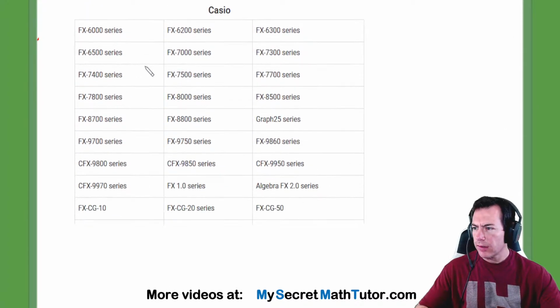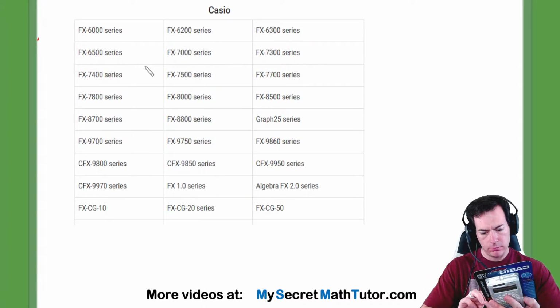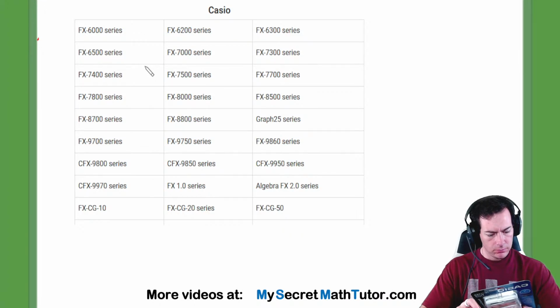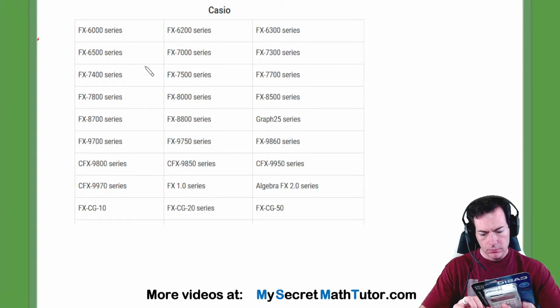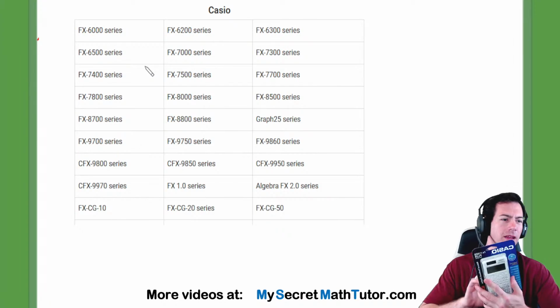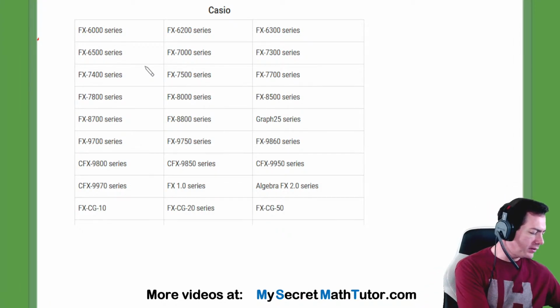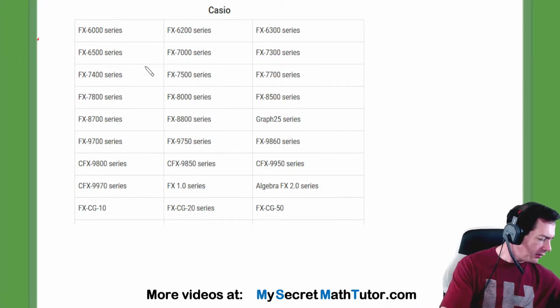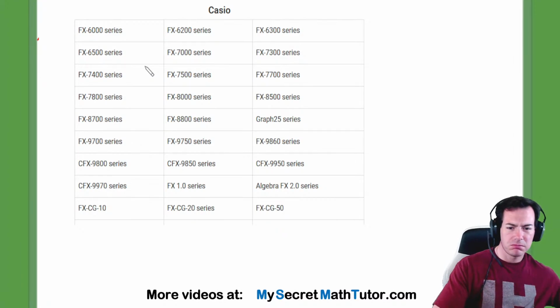Is it even on this list? I don't know if it's on this list. Most of the time it'll just say, yeah, this one is permitted on the SAT. Probably it's permitted because it is just a regular old scientific calculator. But that's also a nice one. I don't think I spent too much on that one. Probably like 15 bucks.